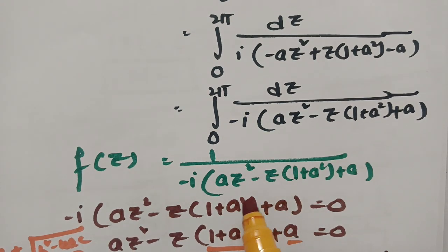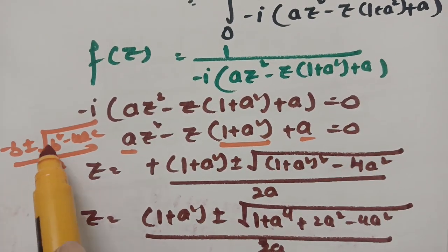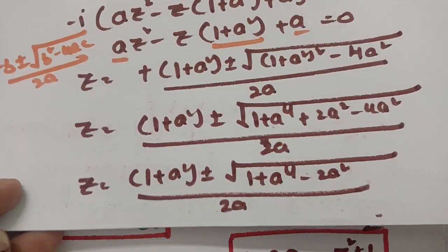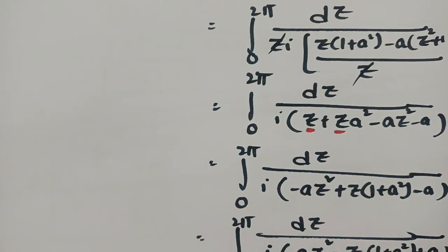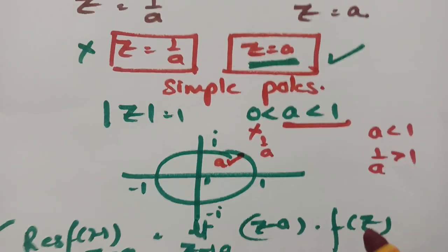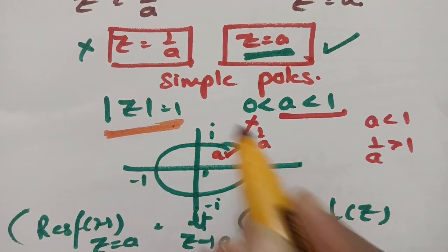So as you know, if you equate the denominator to 0, we'll be getting the poles for the given function. So here is the formula, that is minus b plus or minus root over b square minus 4ac by 2a. So after calculating and substituting, we got the pole values as z is equal to 1 by a and z is equal to a. Clearly, if you see, the region here is mod z is equal to 1.